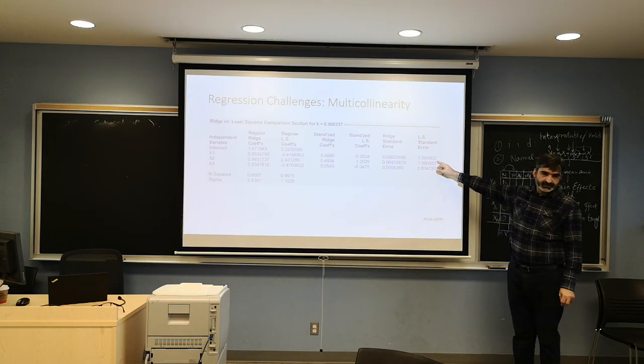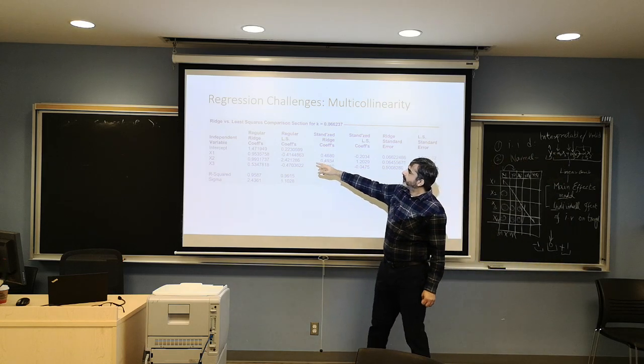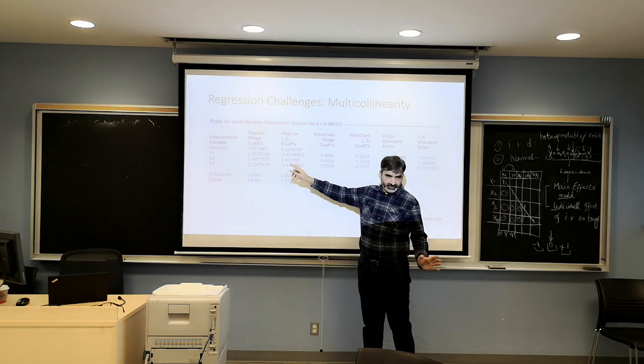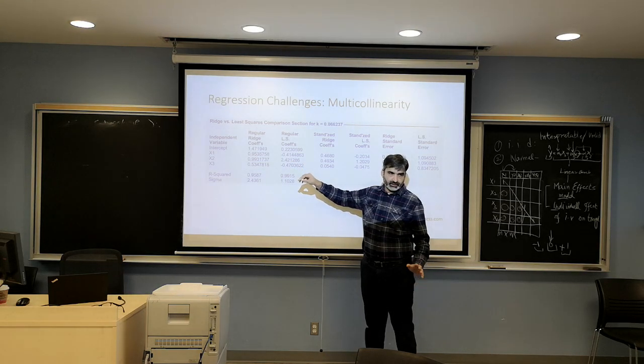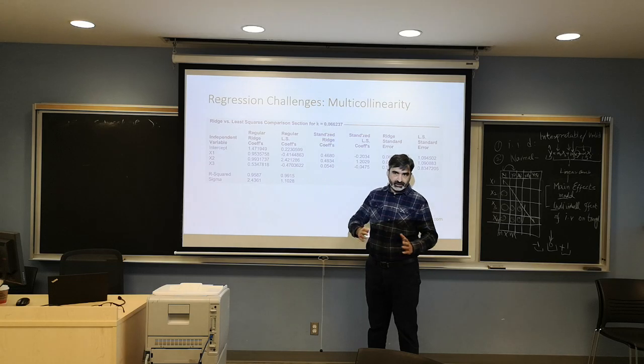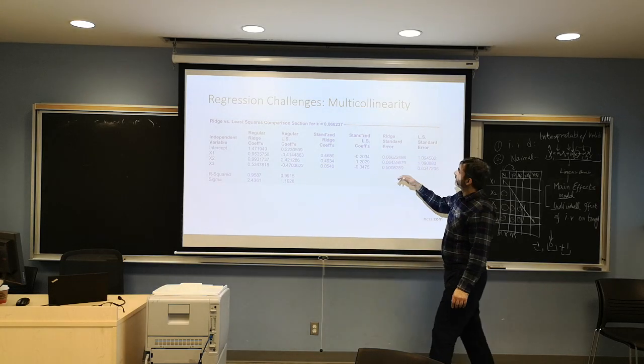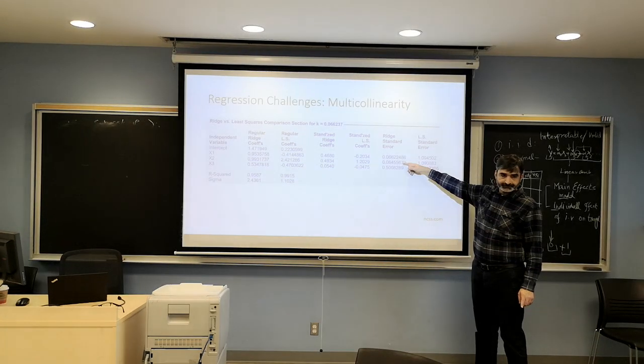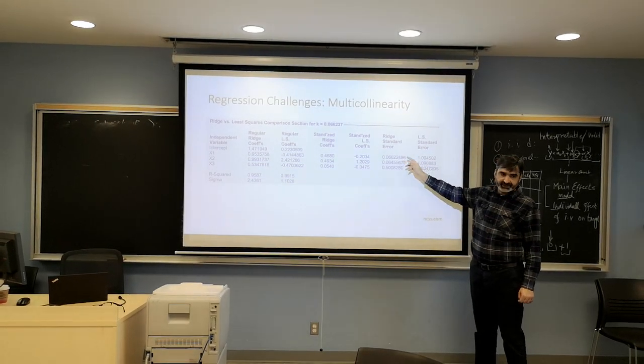Very high standard error. It can be 3.42 or 1.42 within that range. The confidence interval is too wide, but in case of ridge regression, the confidence interval is very narrow. More precise estimate.